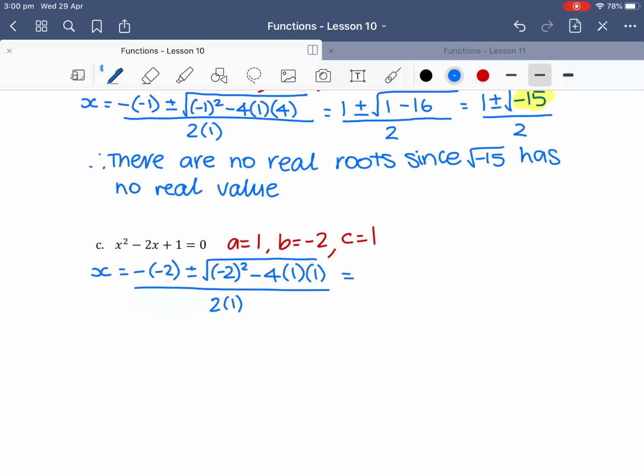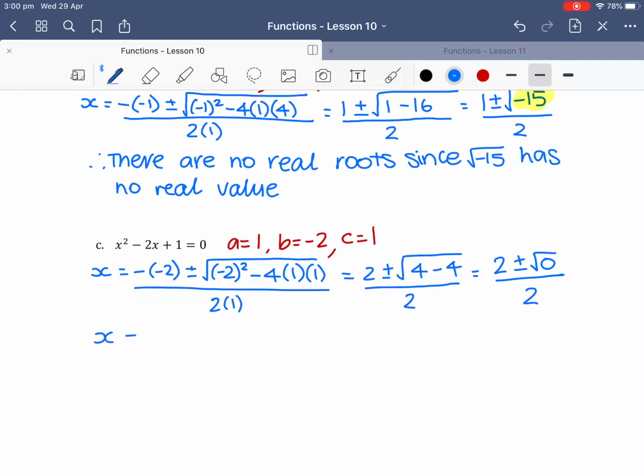So this equals minus negative 2 is 2, plus or minus the square root of negative 2 squared is 4, minus 4 times 1 is 4, all over 2 times 1, which is 2, which equals 2 plus or minus the square root of 4 minus 4 is root 0, all over 2.